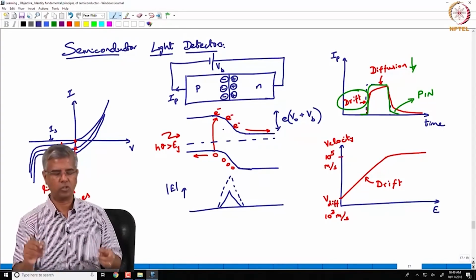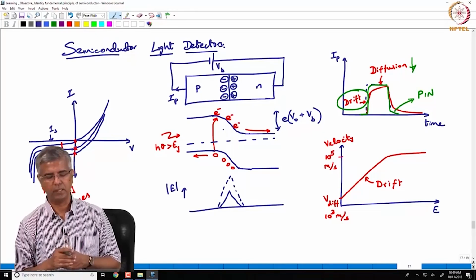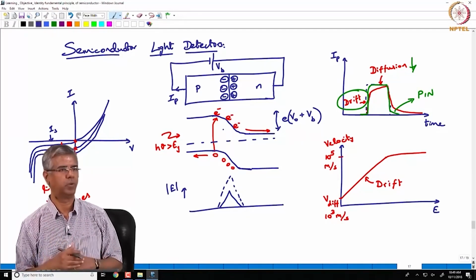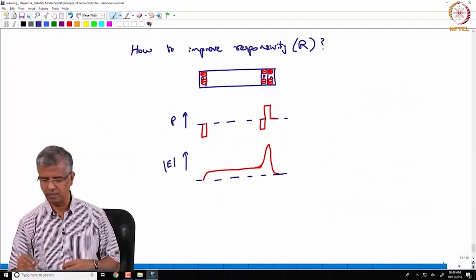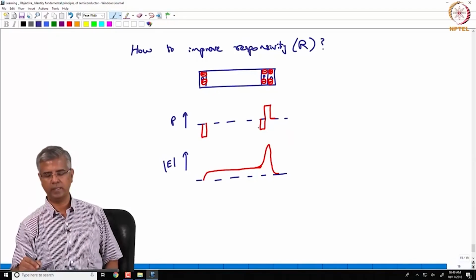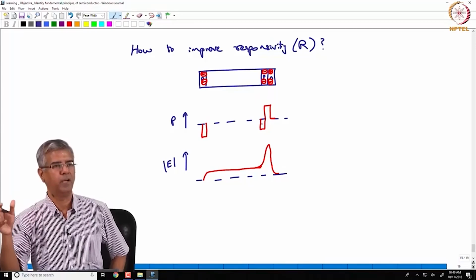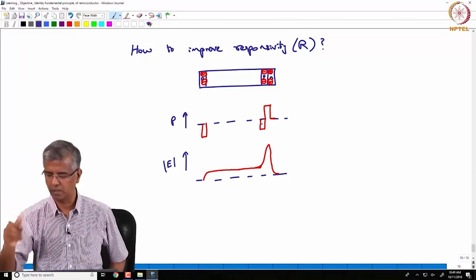So when that slope increases with external bias, you are essentially having a larger acceleration provided to the charges in that region. So specifically in this region, you are under the influence of very high drift velocities, almost to the level of the saturation drift velocity, 10 power 5 meters per second.